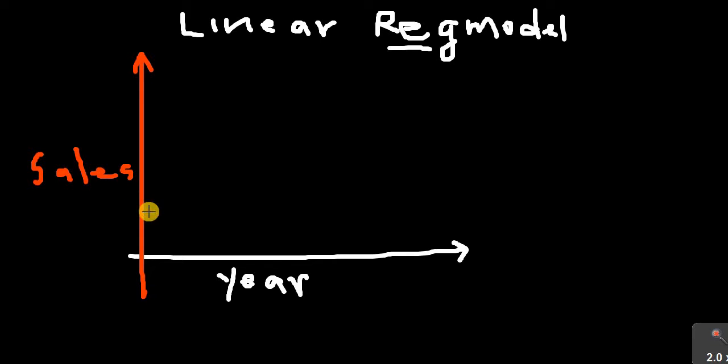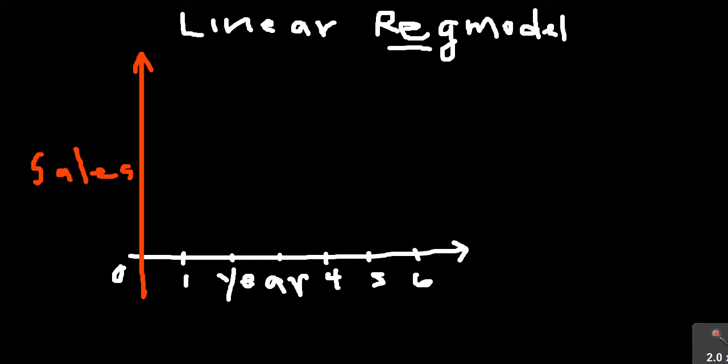Now the year is moving up. Suppose this is the first year, this is the second year, third year, fourth year, fifth year, and sixth year, like that. So the years are moving up, and the sales can also move up.